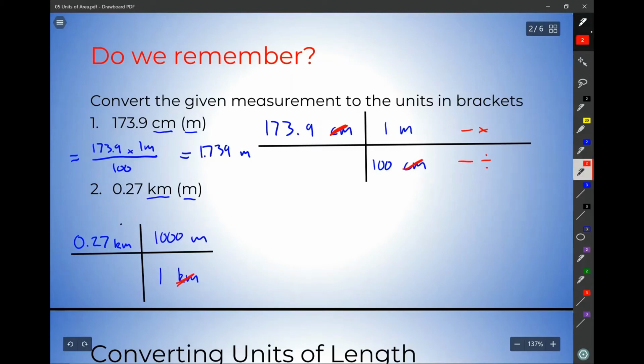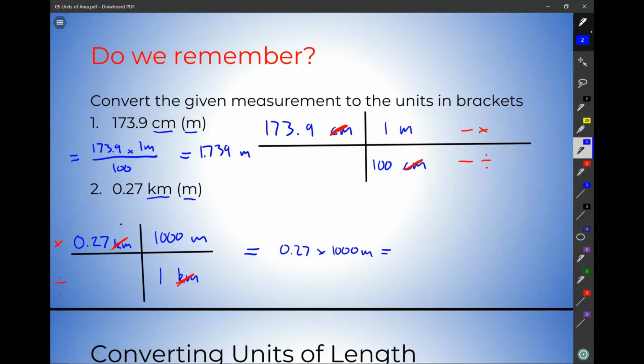Now we can cancel out our kilometers, and what we end up with is, remember, we're timesing what's on the top line and we're dividing what's on the bottom line. So in this case we're just timesing by 1,000. And then that gives us our answer, 27,000.